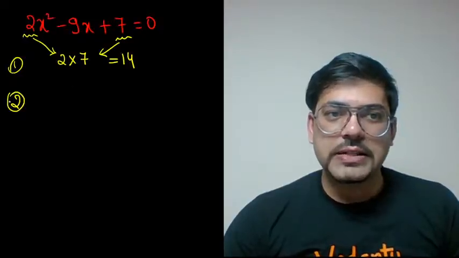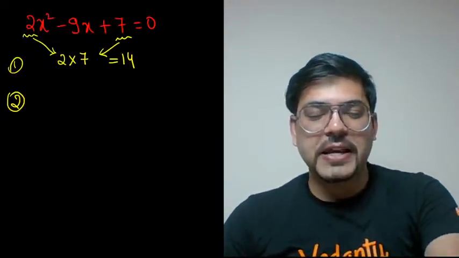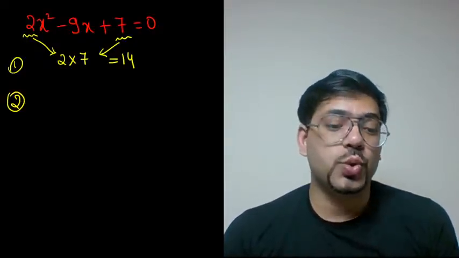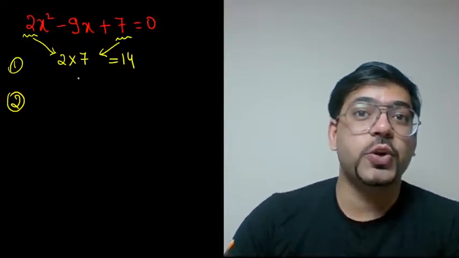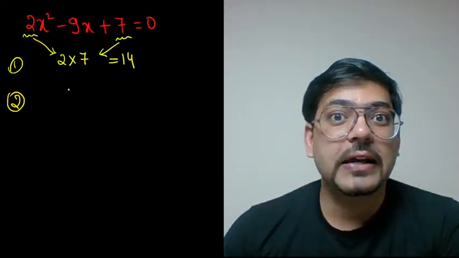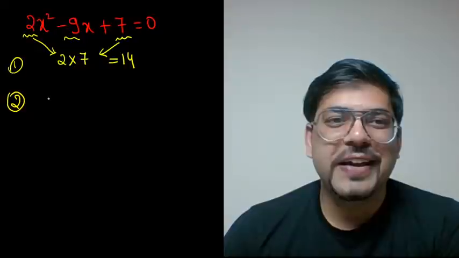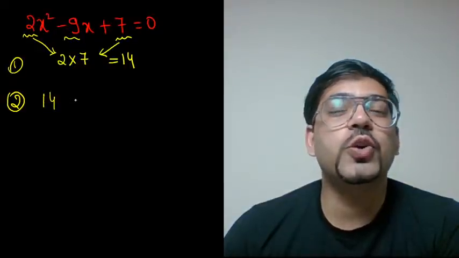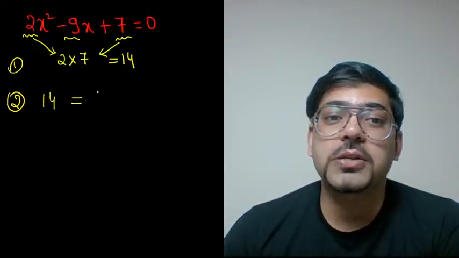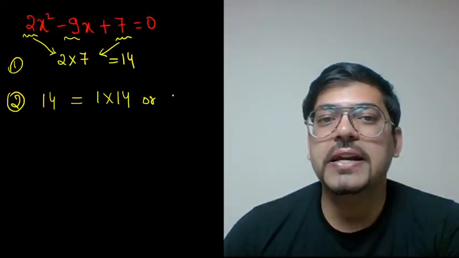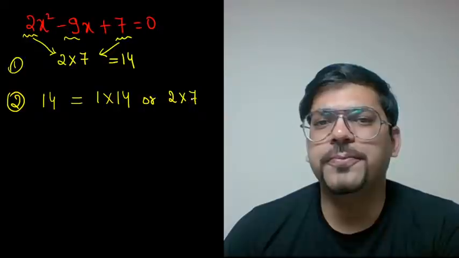Now the second step says that you have to break this 14 into two parts such that it should form the middle term. What I really mean is that first of all try to write 14 as two multiples. One possibility is you can write it 1 into 14, or the second possibility is that you can write it 2 into 7.